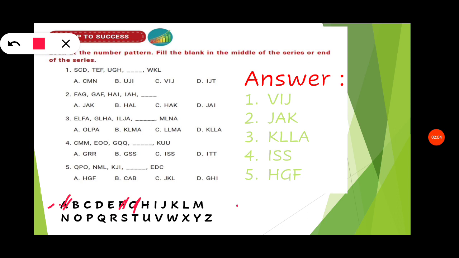First A, G, F, A, G, and then repeated as G, A, F. Next H, A, I and I, A, H. This is the sequence. Again, J, A, K. So option A is correct.